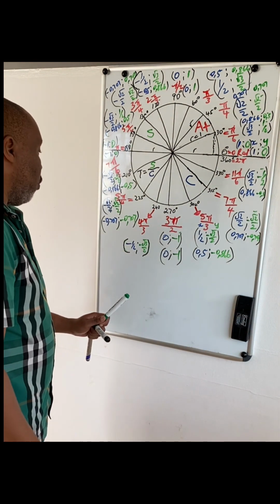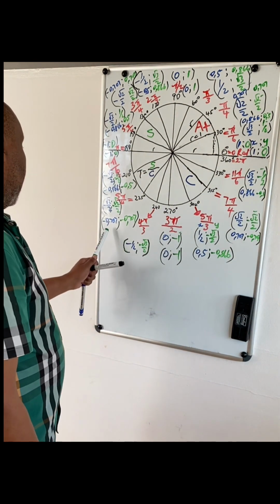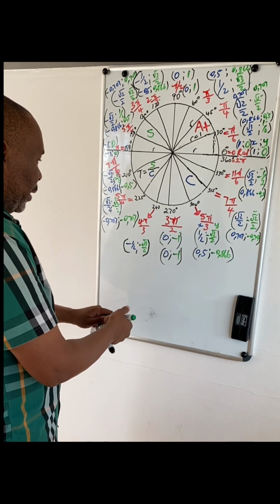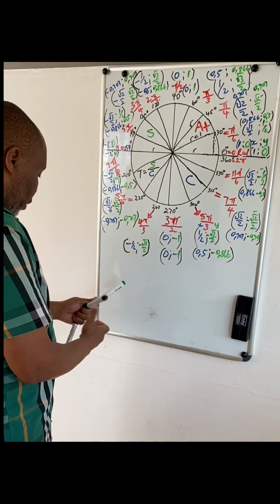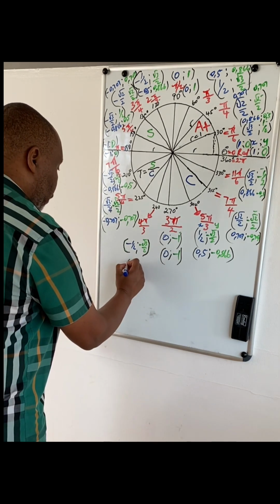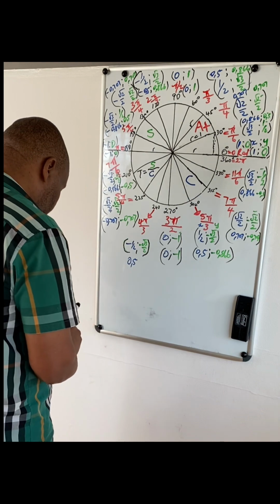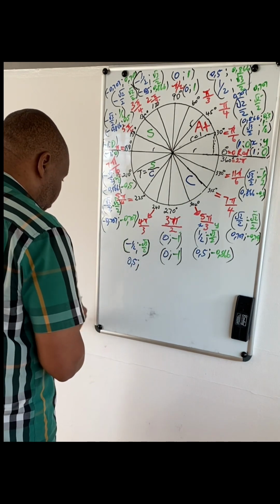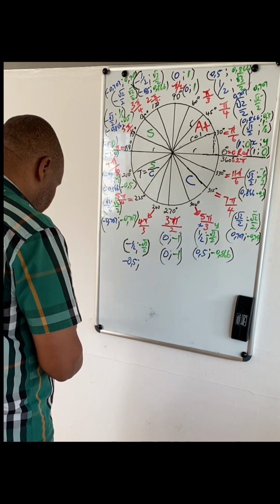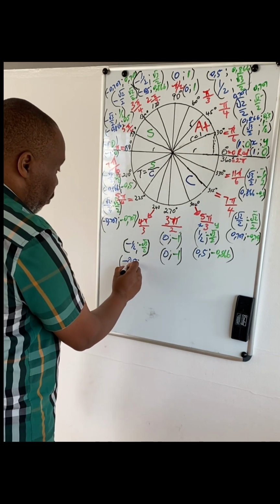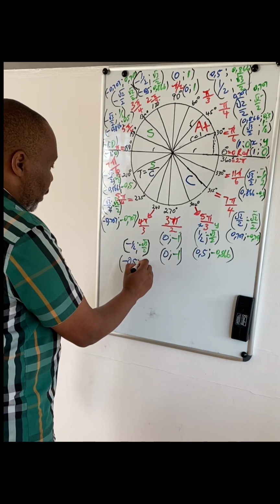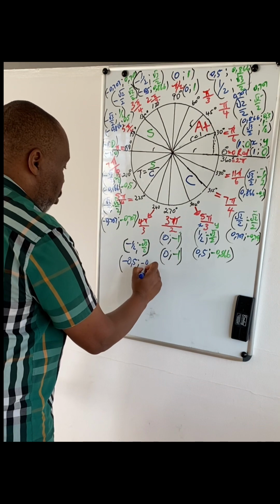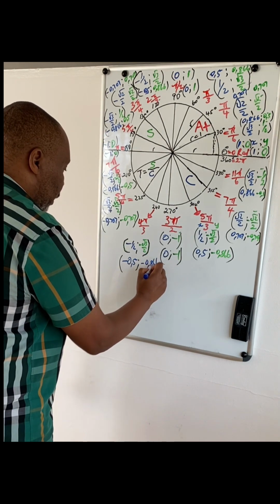And the decimal form of these, I didn't put here. The decimal form here is 0.5, root 3 is negative 0.5. I need to remember that, negative 0.5, and here it's negative as well, negative 0.866.